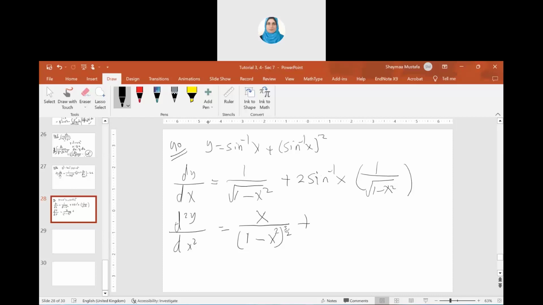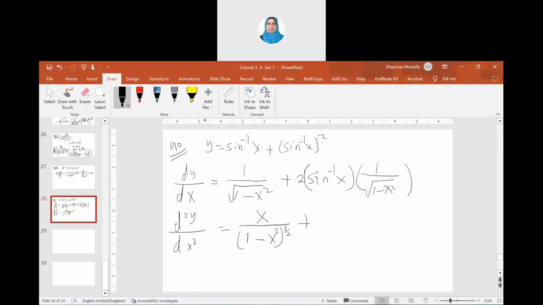Minus 2 with minus 2, so we keep x only. Plus, sorry, we have a mistake here: 2 sine inverse x multiplied by the derivative of sine inverse x, which is 1 over the square root of 1 minus x squared.